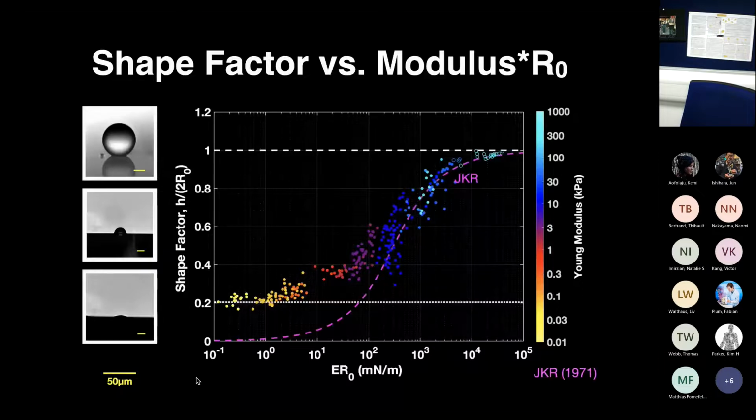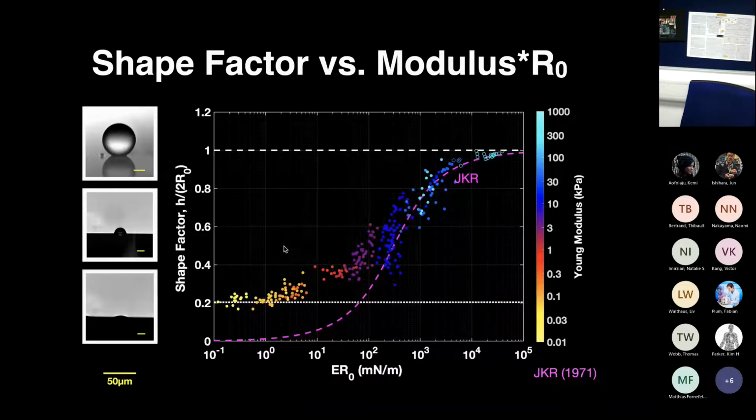If I take that classic Johnson-Kendall-Roberts adhesion versus elasticity theory and try to make a prediction for how the shape factor should scale with this parameter, what I get is a pretty good prediction for the stiffest spheres, where we would expect elasticity to dominate the resistance to deformation, but that really fails to describe the more compliant spheres.